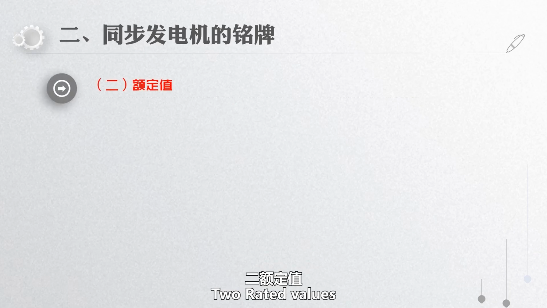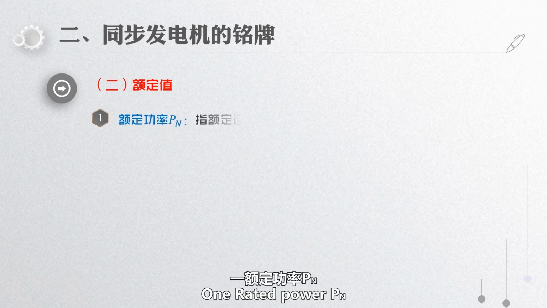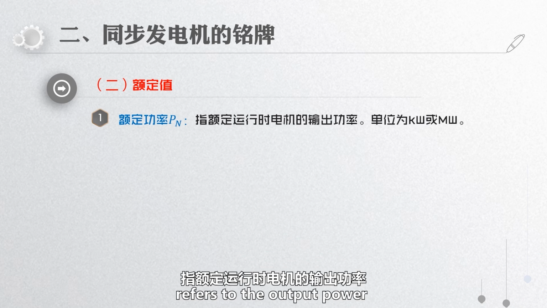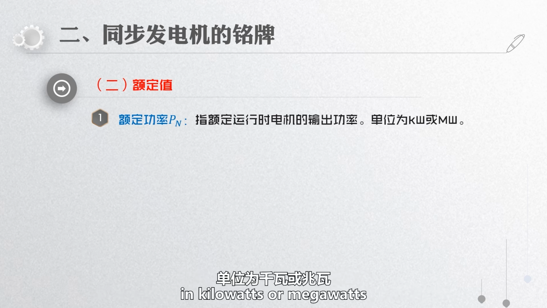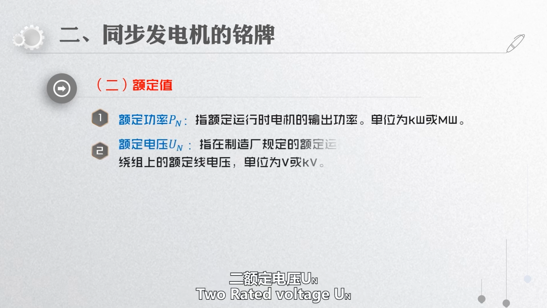2. Rated values. 1. Rated power PN refers to the output power of the generator under rated operating conditions in kilowatts or megawatts. 2.